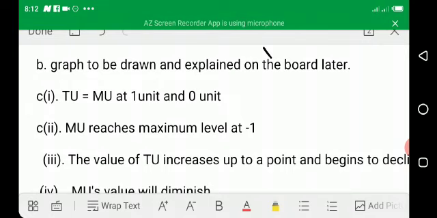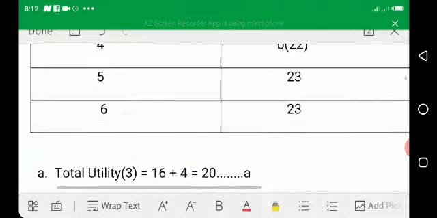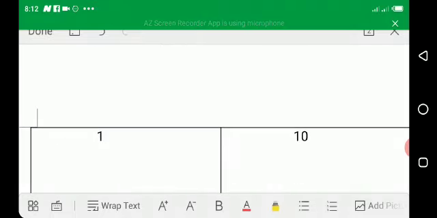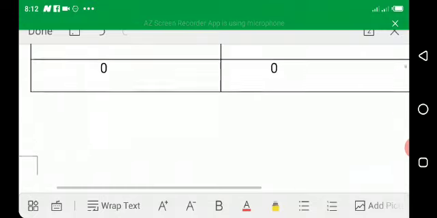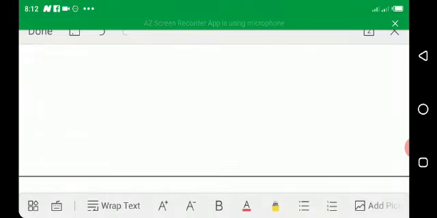Then see Roman figure 1, which says at what quantity does total utility equal marginal utility? Let's go back to the table. At output 0, total utility equals 0, so also marginal utility equals 0.